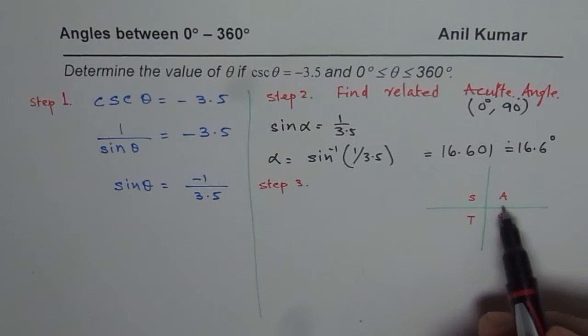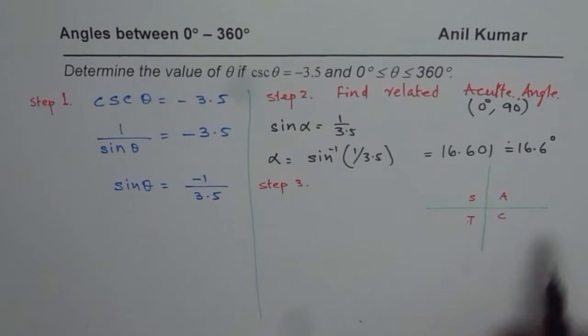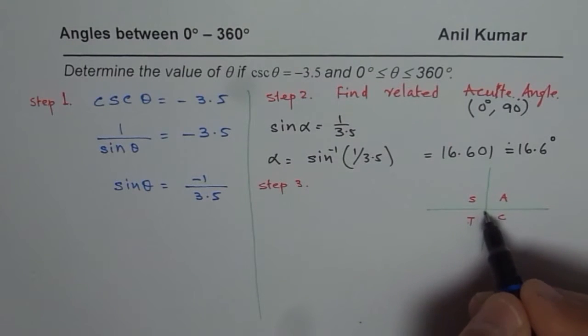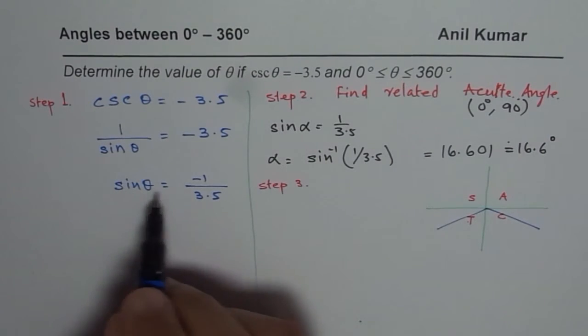Some of you take this as All Students Take Calculus, or All Silver Teacups. However you remember it, sine is negative in two quadrants, and these two quadrants are quadrant 3 and 4, right?